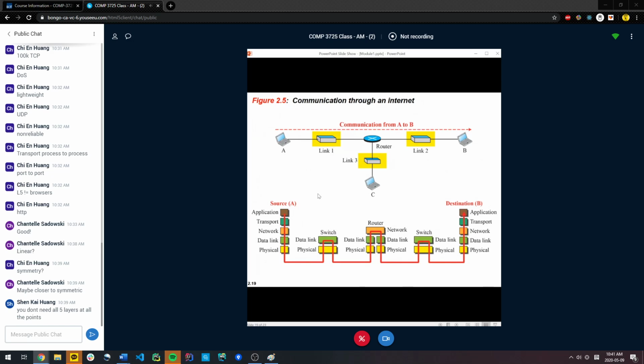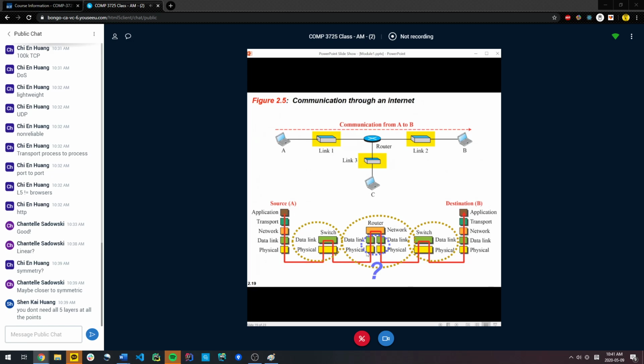But there's another thing that I would have hoped you picked up. That's sort of all the switches and routers. Do you see that in this particular diagram, at the router, to highlight that, if you look at the switch here, the receiving and the sending is shown as one entity? Does everybody see that? The data link across the receiving end and the sending end is one entity.